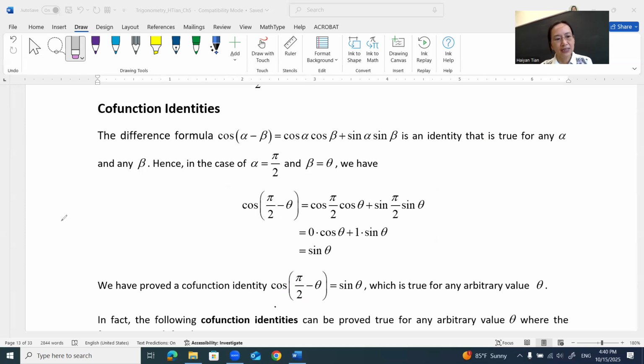So right now we can verify one cofunction identity already, right? This is using the difference formula for cosine.